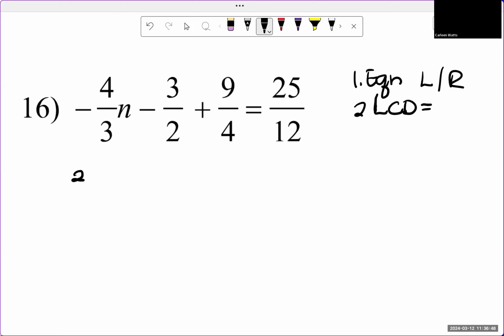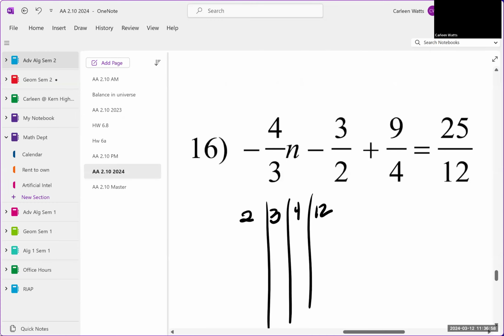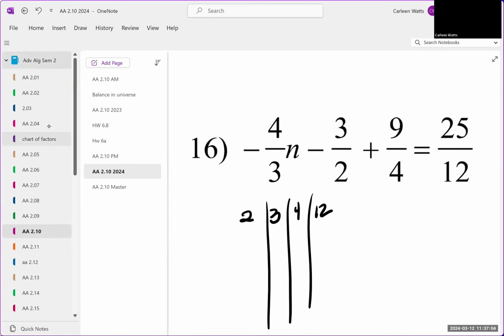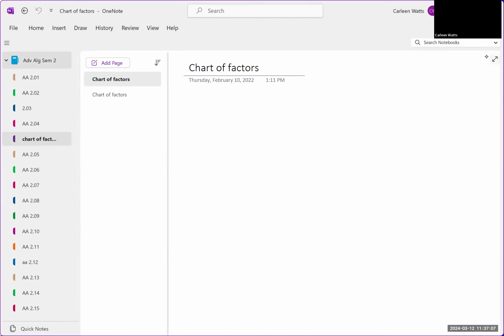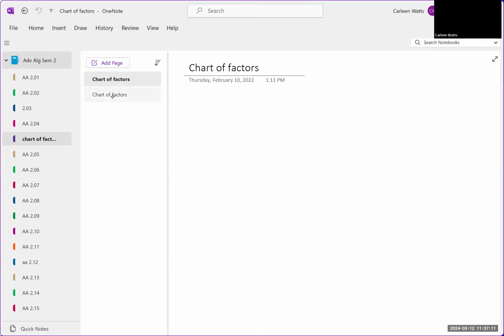So I'm going to make the multiples of 2, 3, 4, and 12. I'm going to look at the multiplication table. Oh, there is no chart of factors right there.